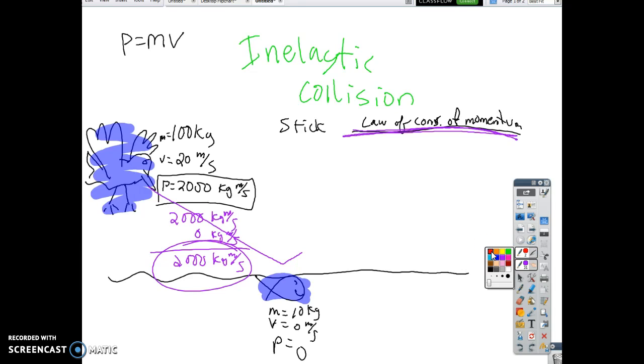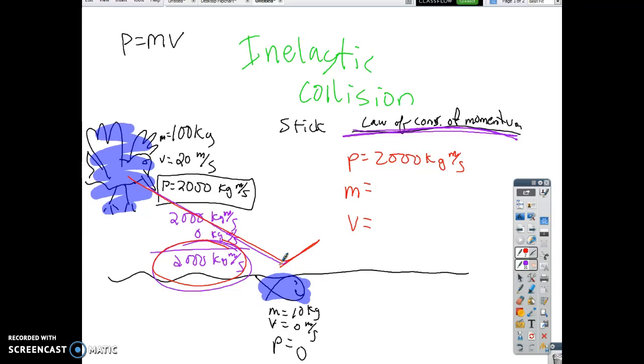Okay, so now watch this. Since the original momentum is 2,000, then after the fact the momentum has to be 2,000 also, kilograms meters per second. All right, and now we want to figure out what the velocity is, and we can do that because we have the masses after the bird flies down and picks this up.